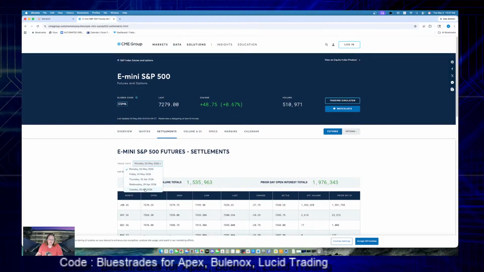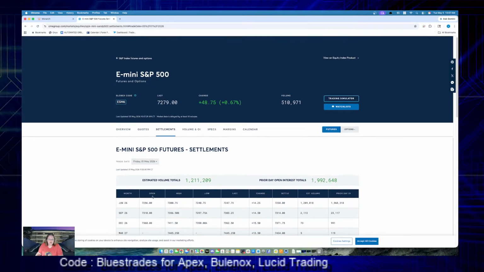So I just track it on my own, because I want a historical record of it. But they do show it on their website as well. You can go here to Friday, for instance, and you can see the open price, the high, the low, the points and change, what the settlement was, what the volume was, all that sort of stuff.